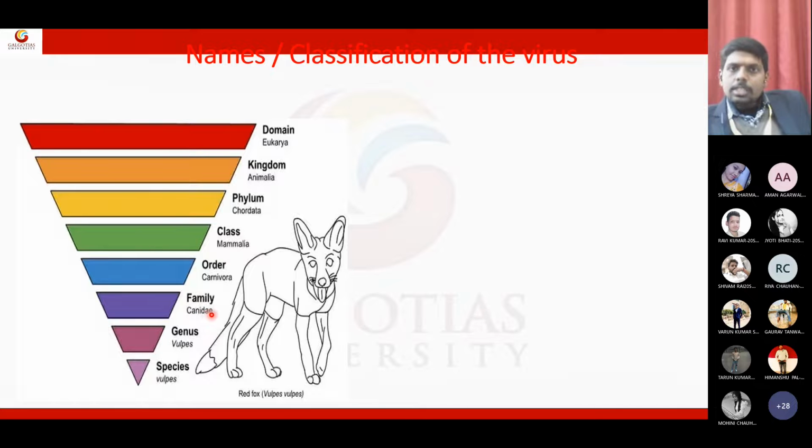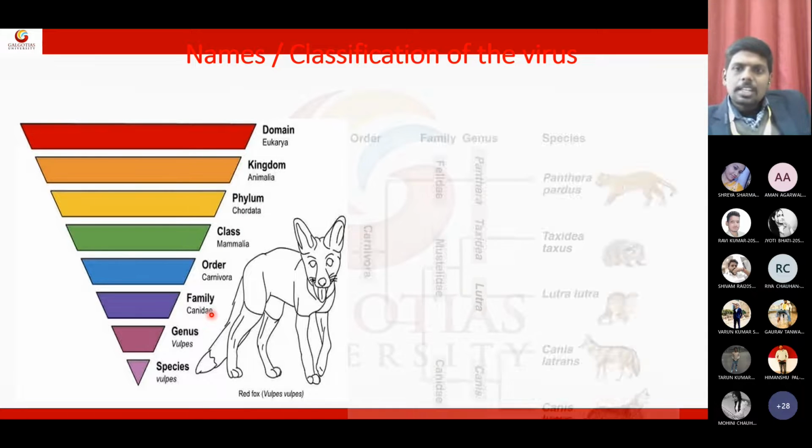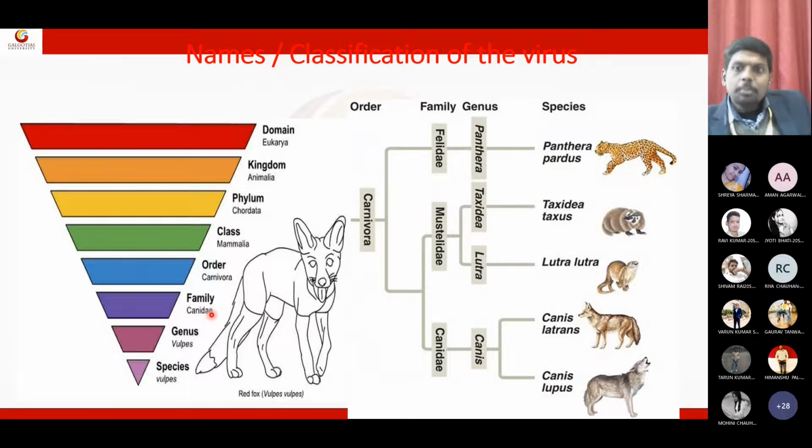In Canidae, you can see all these dog-like animals: foxes, jackals, dogs. All these belong to this family. All foxes, jackals, even dogs belong to the Canidae family.